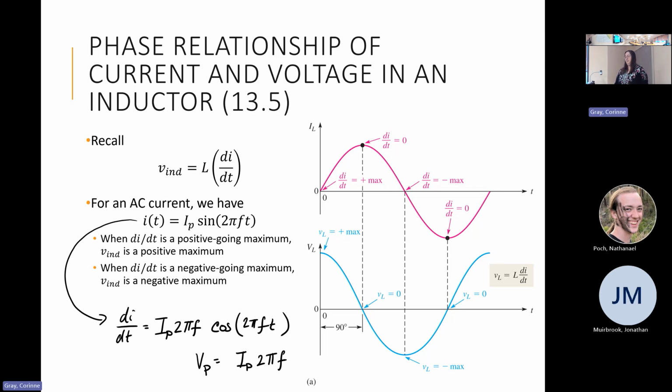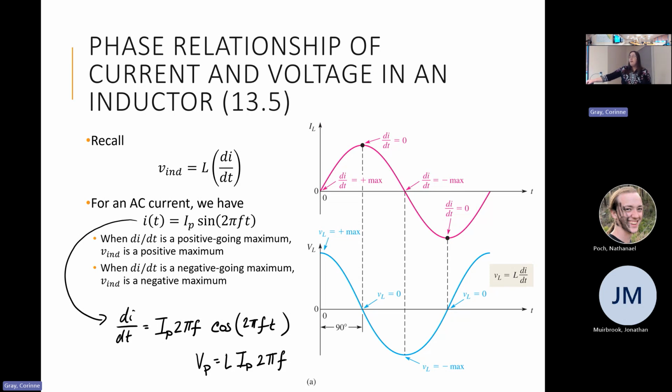Sorry, I'm trying to remember what it is off the top of my head. No, yeah, the L should be there, oops. Yeah, we do have it in there, because then the voltage is equal to the peak voltage times the cosine term.